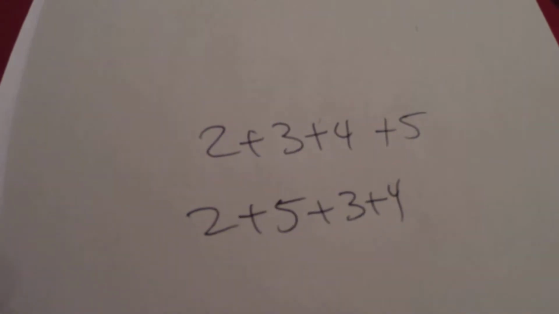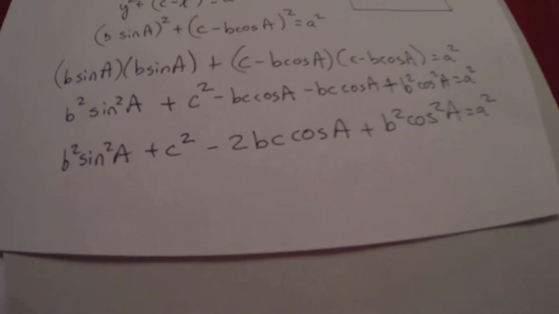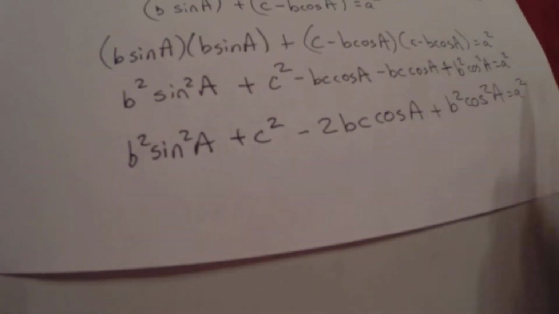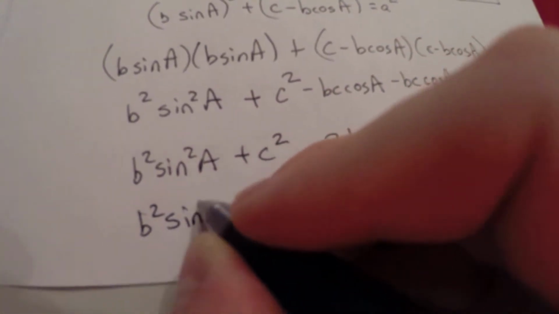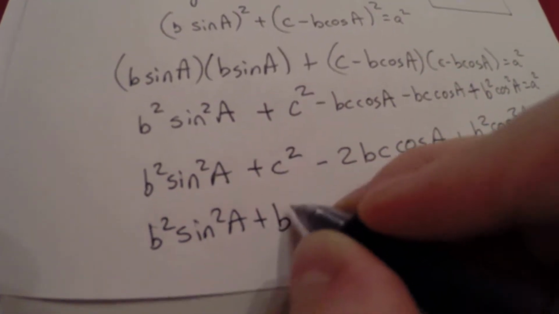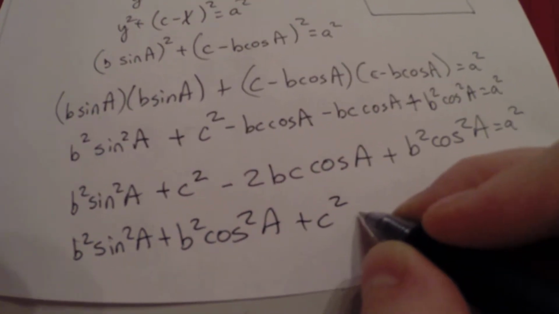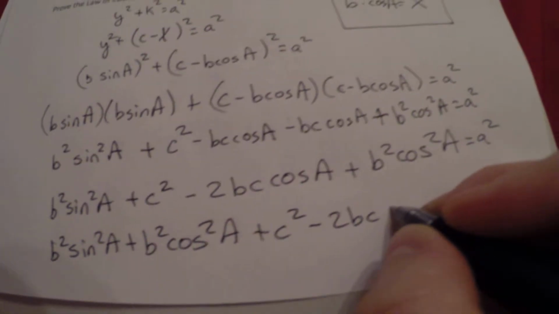It's called the commutative rule of addition. I want to give you the fancy names so that you can impress your friends at your math parties, which I know you guys are still going to. So this becomes b squared sine squared A plus b squared cosine squared A plus c squared minus 2bc cosine A equals A squared.